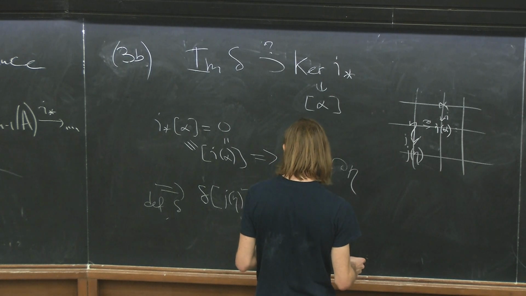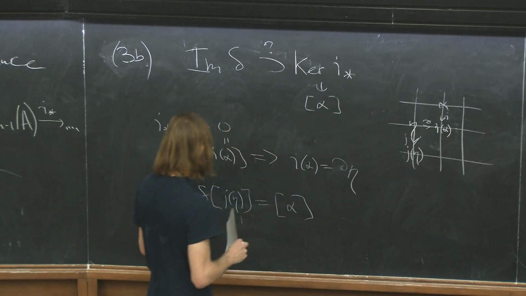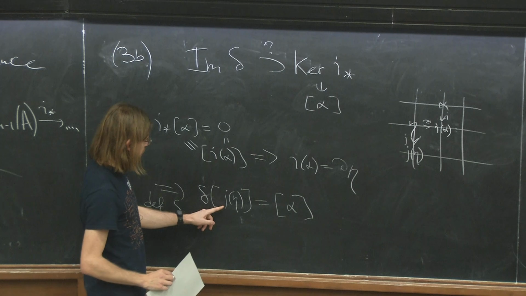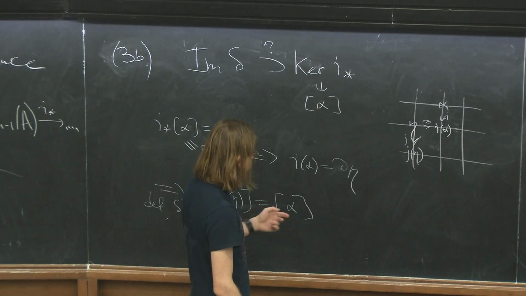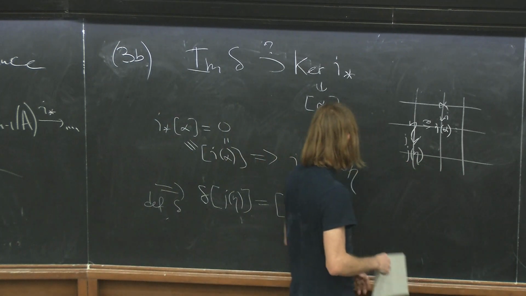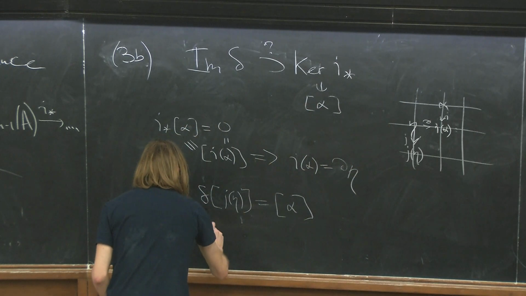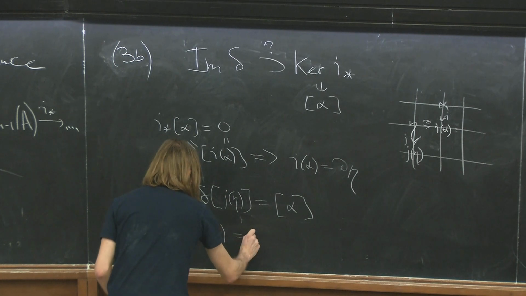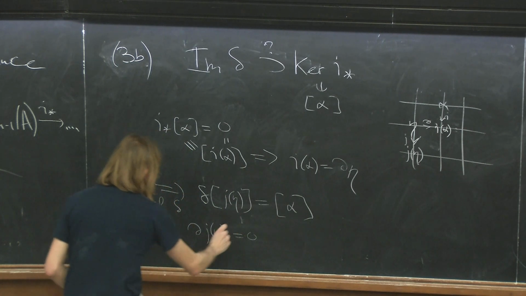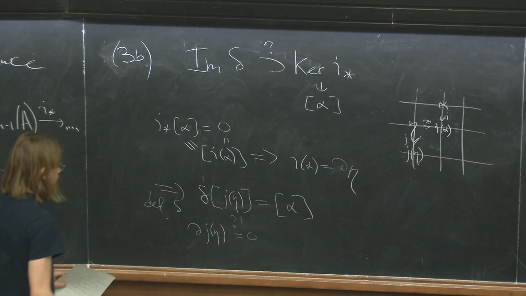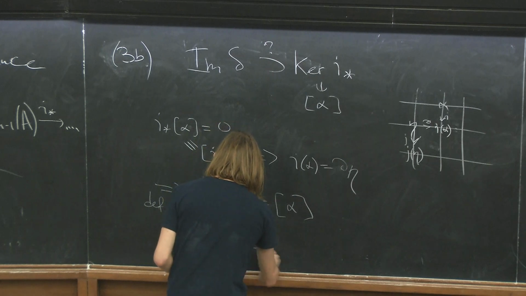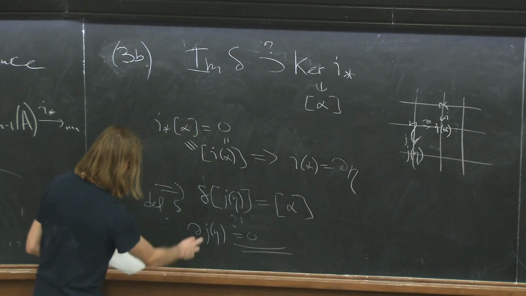Okay, one thing one has to check, of course, is that delta was defined on the elements of homology. So before saying this, we actually have to check that this J of eta actually represents some element in homology. So we need to check that D kills J of eta. But let's see what is D of J of eta.